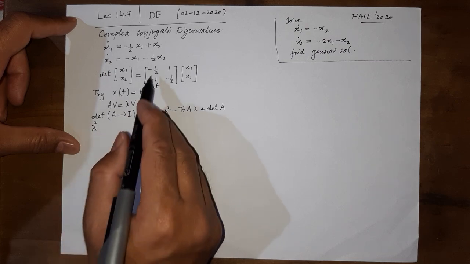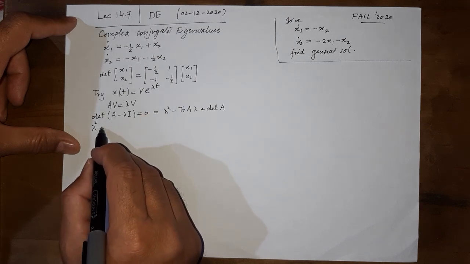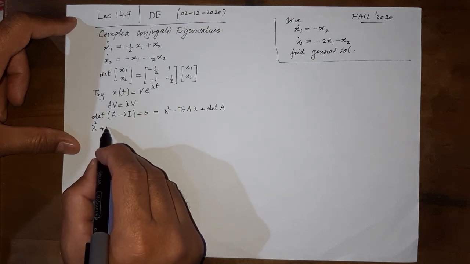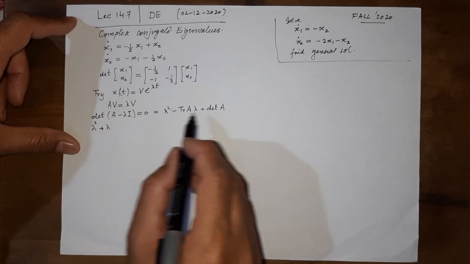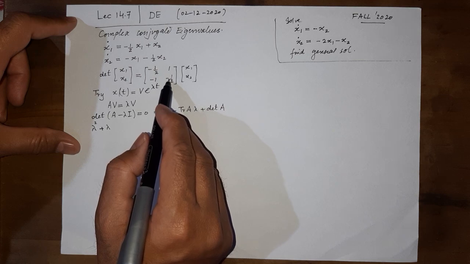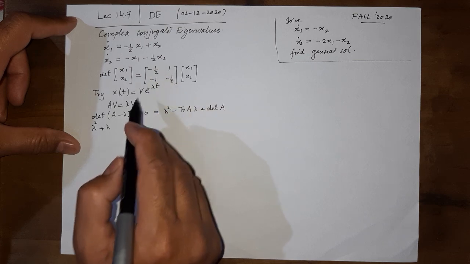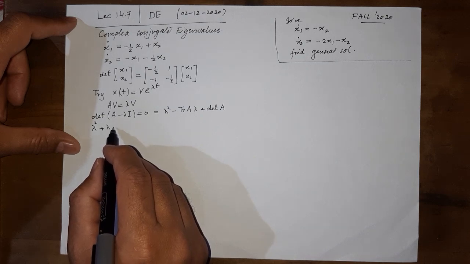Lambda square minus trace of A, which is minus 1, so this is going to be plus 1, lambda plus determinant of A. So this would be 1 by 4 plus 1, which would be 5 by 4.